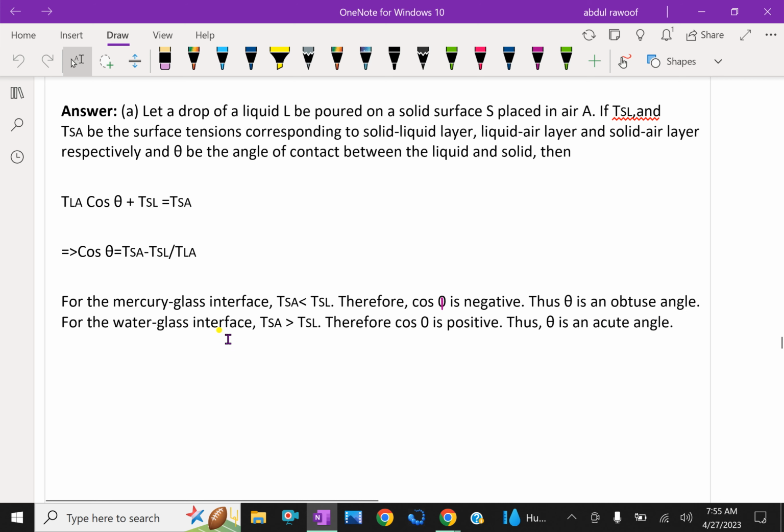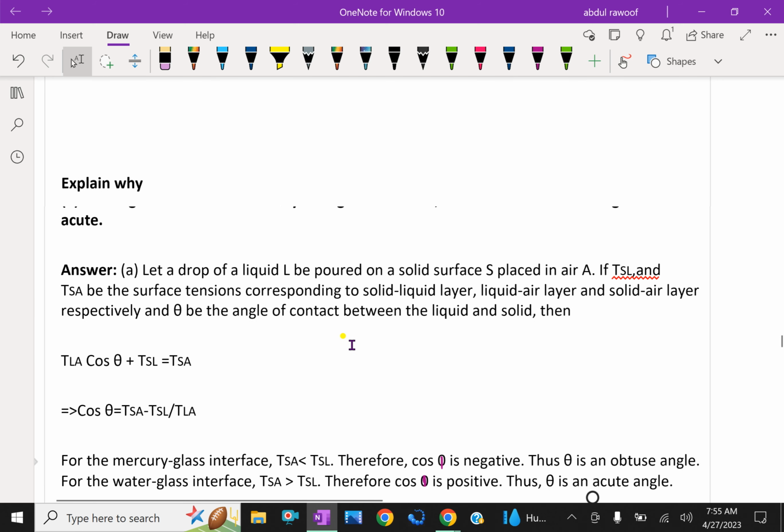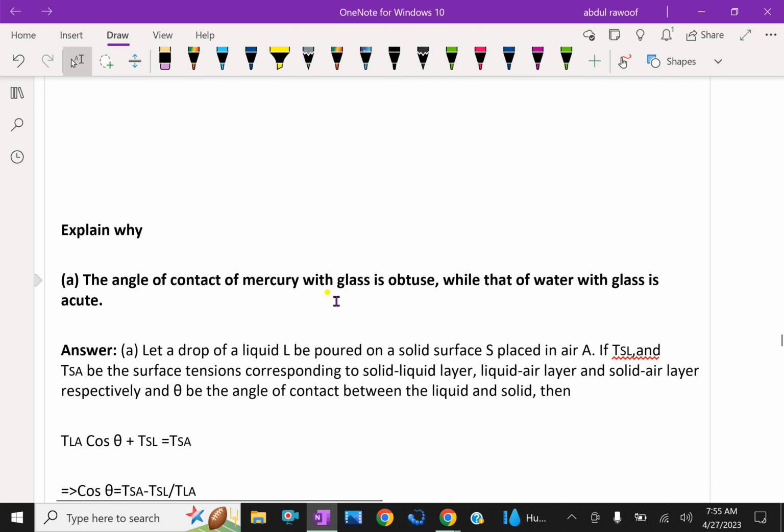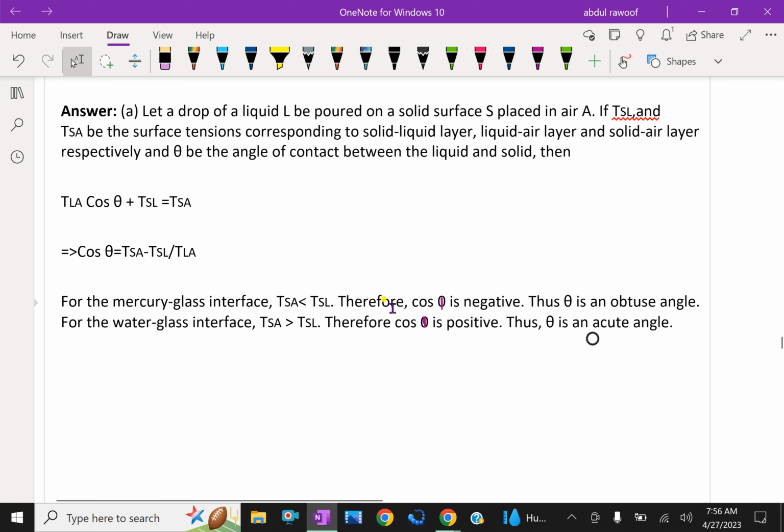For the water-glass interface, TSA is greater than TSL. Therefore, cos theta is positive, so theta is an acute angle. That is the reason the angle of contact of mercury with glass is obtuse while that of water with glass is acute, because of these conditions.